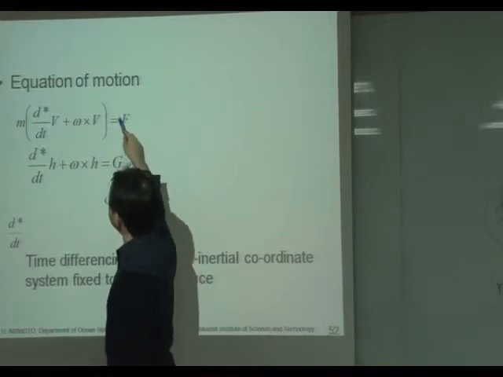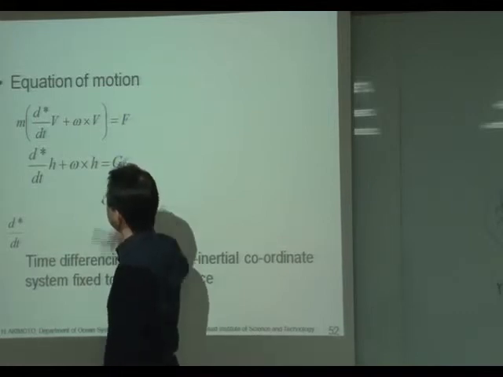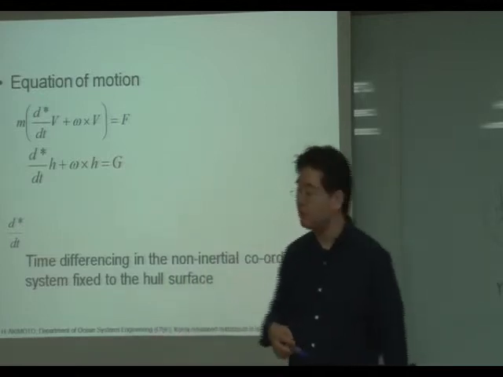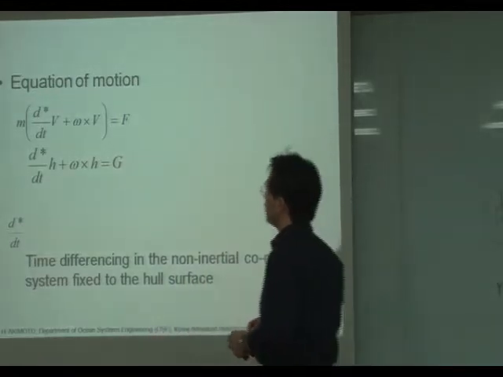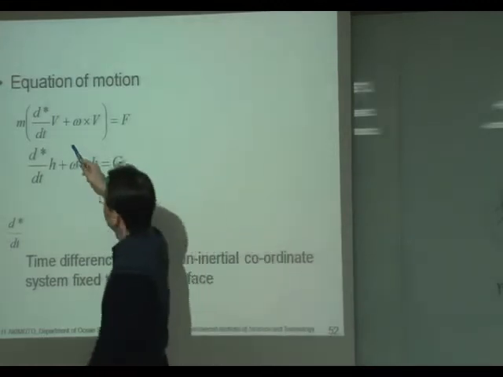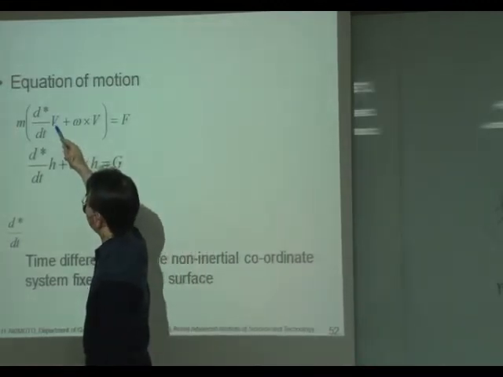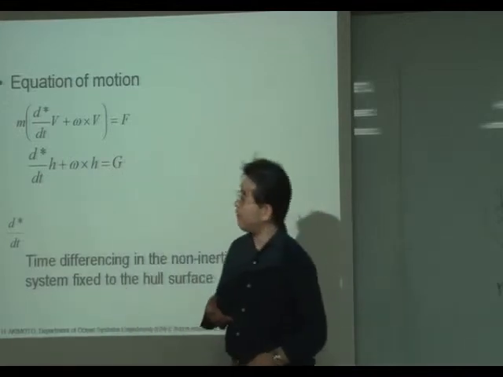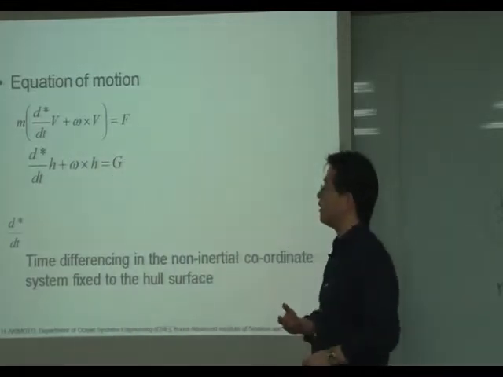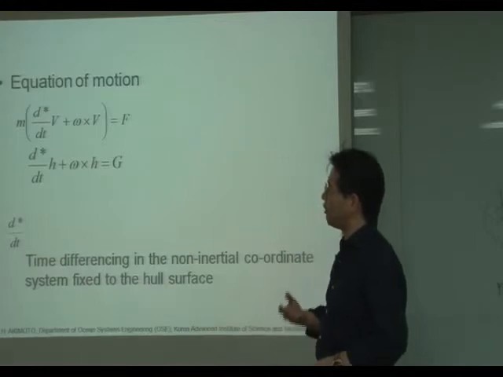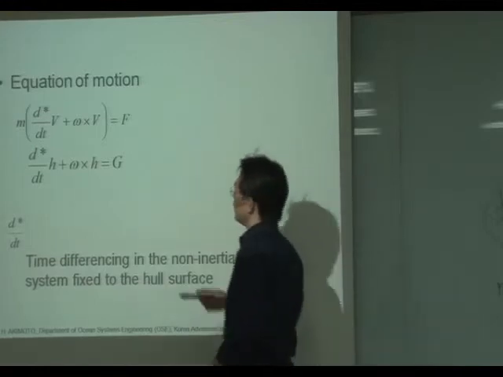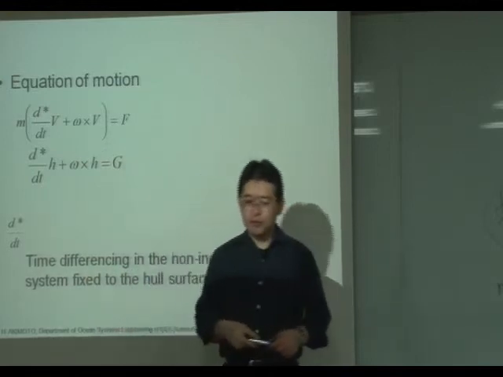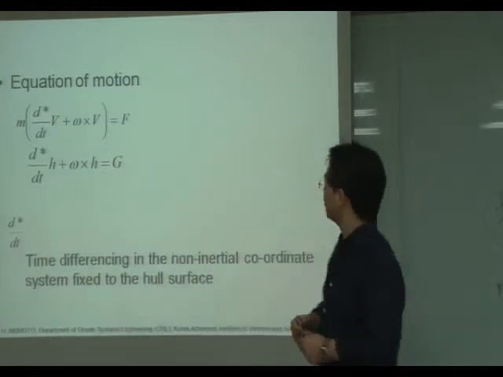After getting this integrated information, we have to integrate the equation of motion of the ship. In this case, vector V is the velocity of the center of gravity of the ship, and omega is the angular velocity of the ship.